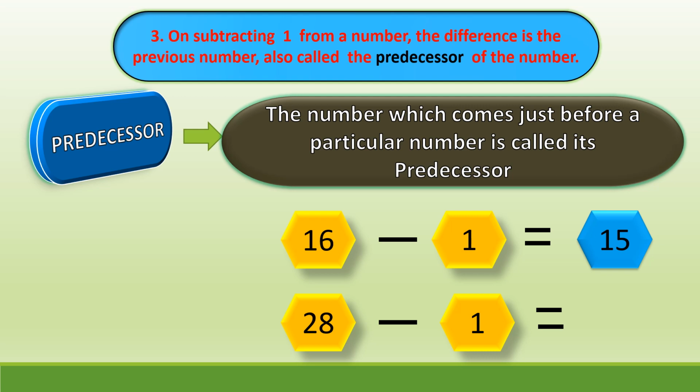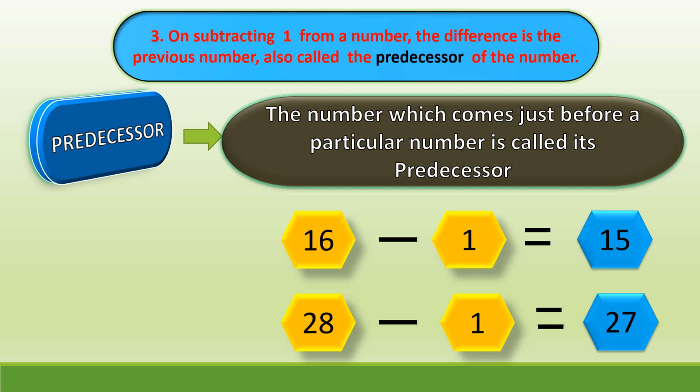What is the predecessor of 28? What is the before number of 28? It is 27. 28 minus 1 gives us 27.